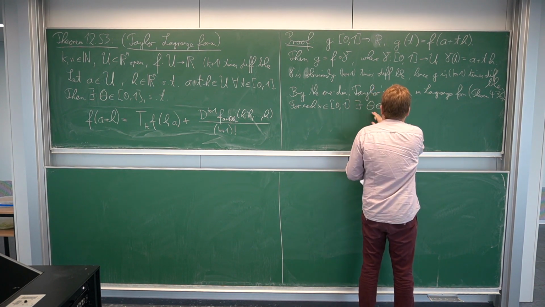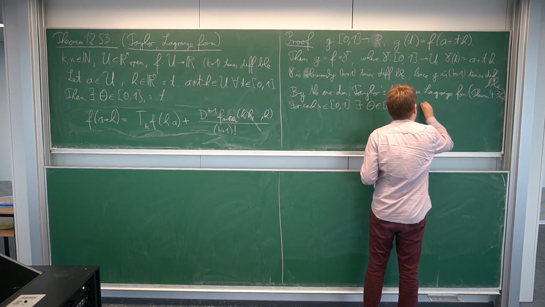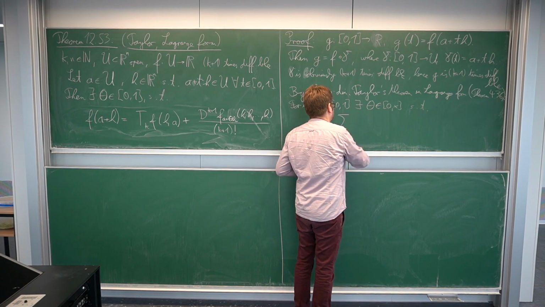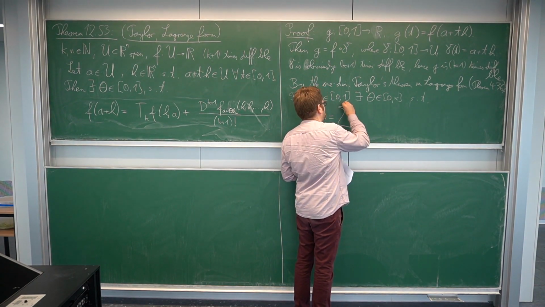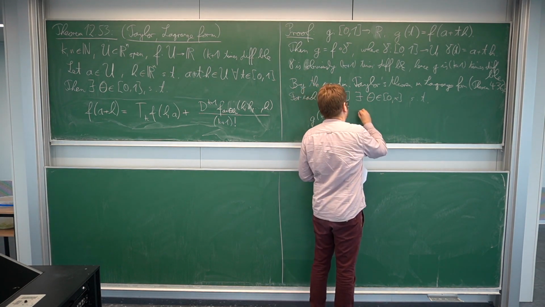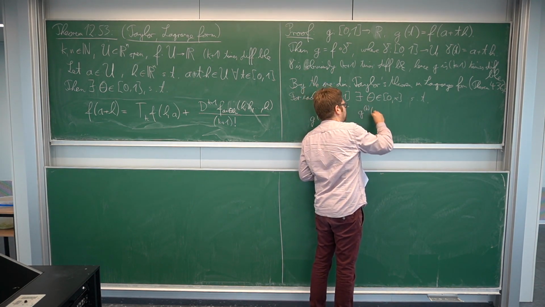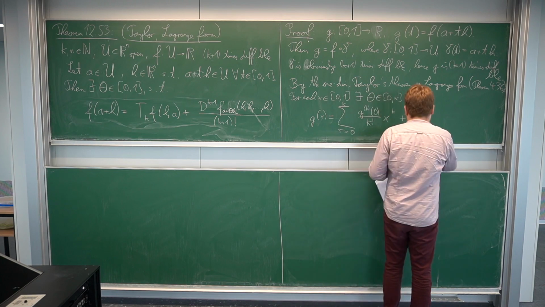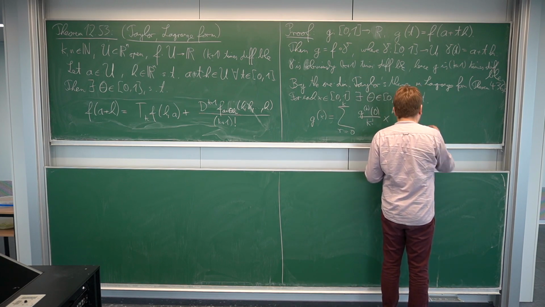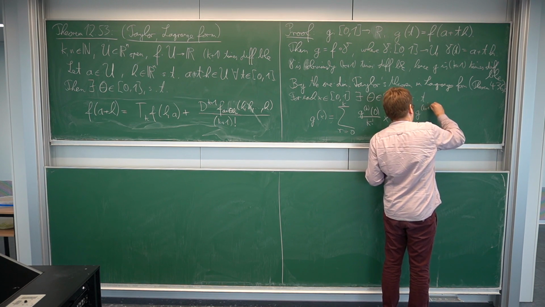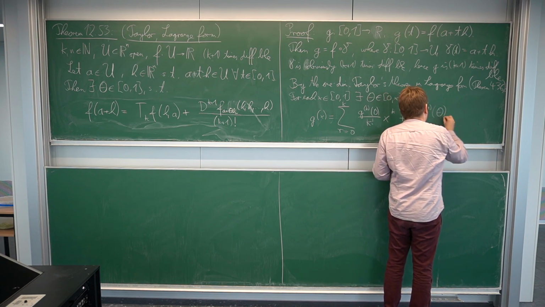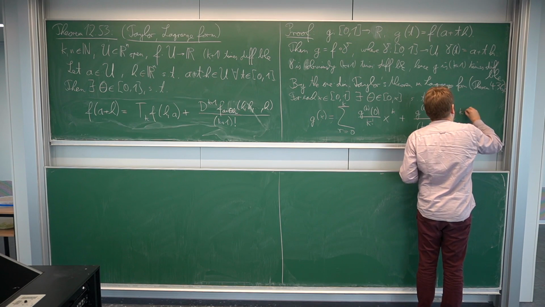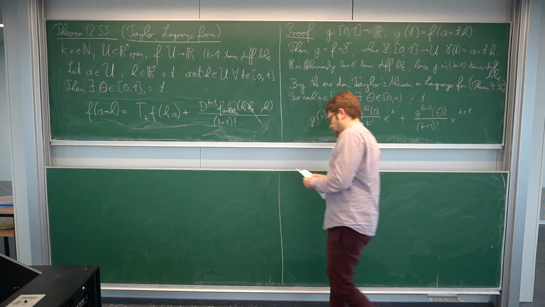So for each x there exists some theta between 0 and x such that g of x is, and now we have the Taylor polynomial, which I write down explicitly here in the single variable case, the sum from r equals 0 to k, and now we have g to the r-th derivative in 0 divided by r factorial times x to the r, plus, and this was the additional term in the Lagrange form, g k plus 1, so the k plus first derivative in theta divided by k plus 1 factorial times x to the k plus 1. This was the Lagrange form of Taylor's theorem.